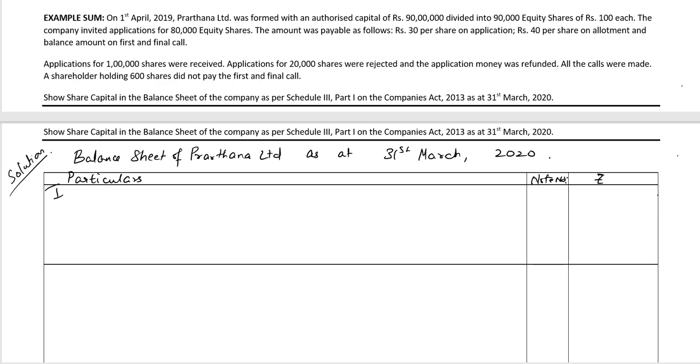We'll begin with Roman number 1, equity and liability. We have 1, shareholders' funds. And under that, A, share capital.